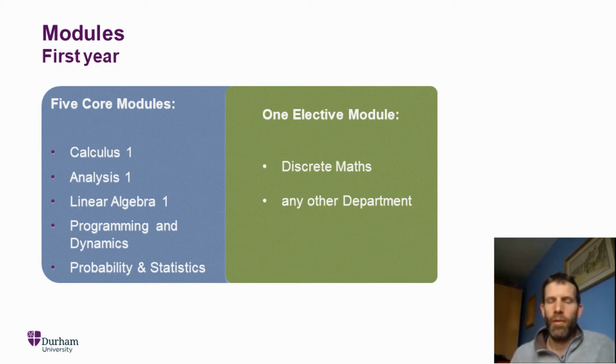But apart from that, you can do any module anywhere, and we do offer a maths module for you to do if you want to do more maths, which, to be honest, most of our students do, in fact, and that's discrete maths, which is things like graph theory and permutations and combinatorics, things like that.